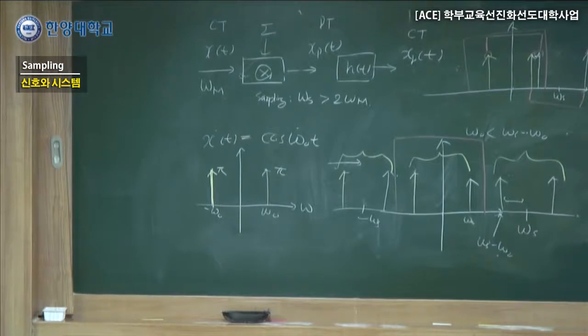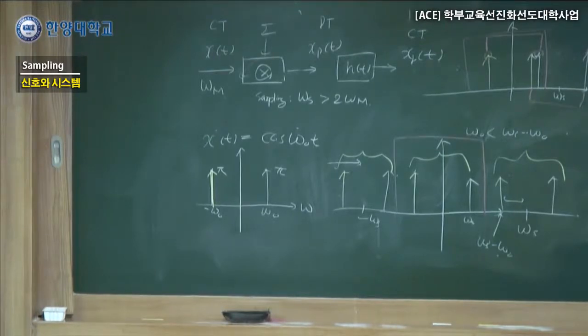Remember, aliasing happens when the sampling frequency is smaller than 2 times omega m, right? In this case, 2 times omega m, the data frequency, is much smaller than the sampling frequency, meeting the Nyquist theorem, so no aliasing happens and we can reconstruct the original data.